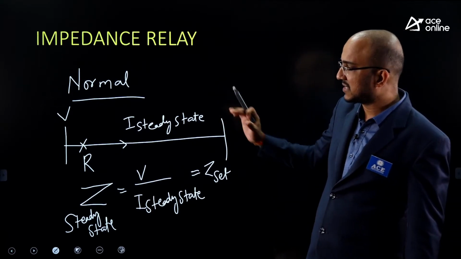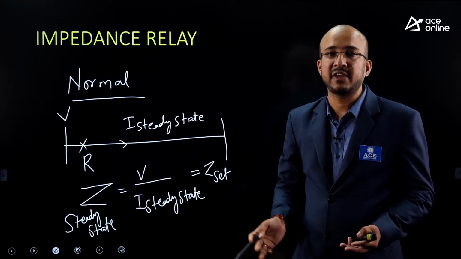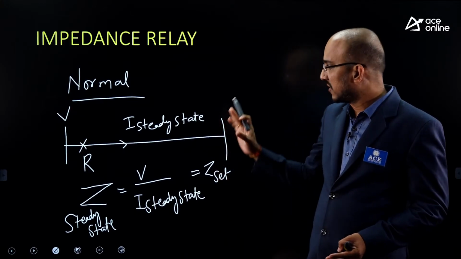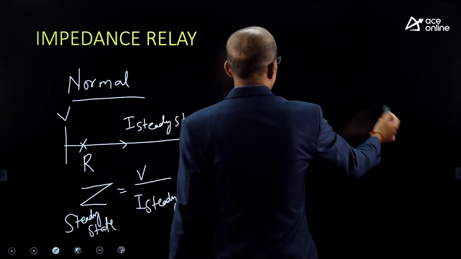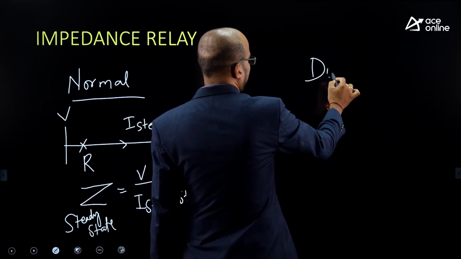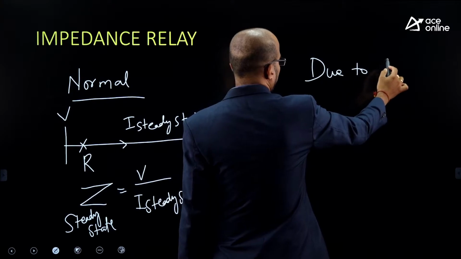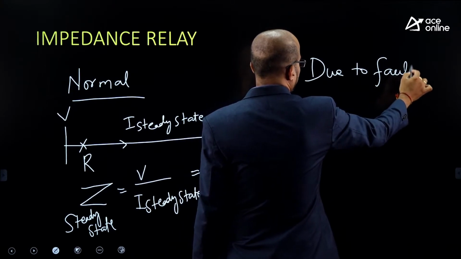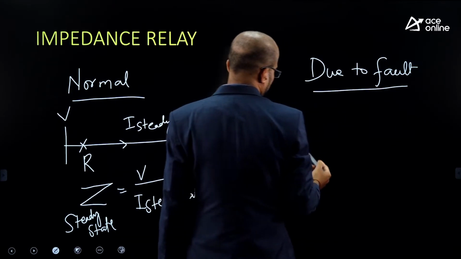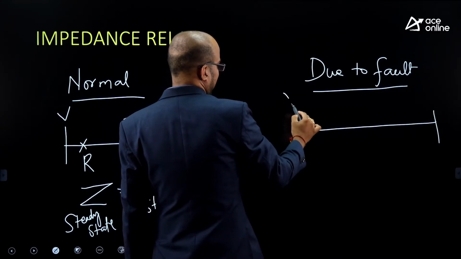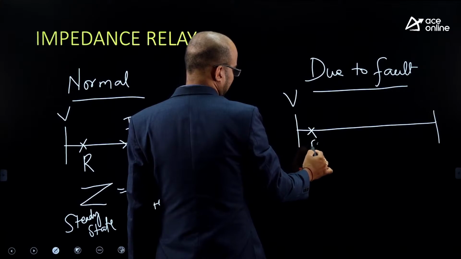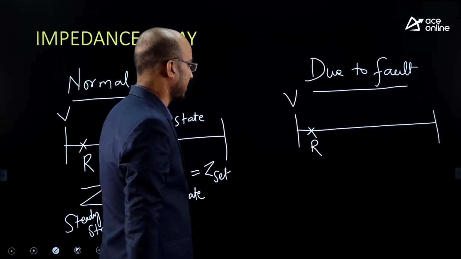Now, let us consider the same line with a fault and observe what happens due to the fault. Suppose you consider this section of line, V is the voltage at this bus and a relay is placed at this location.